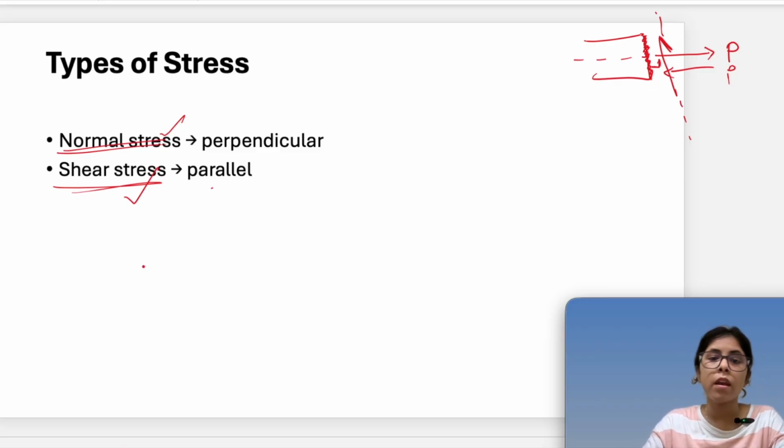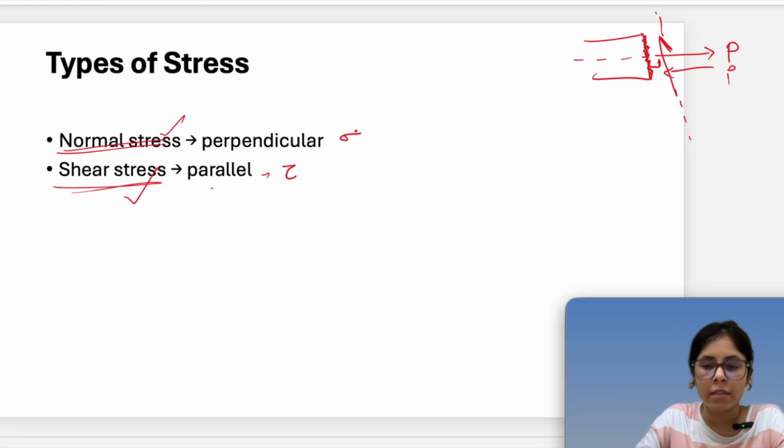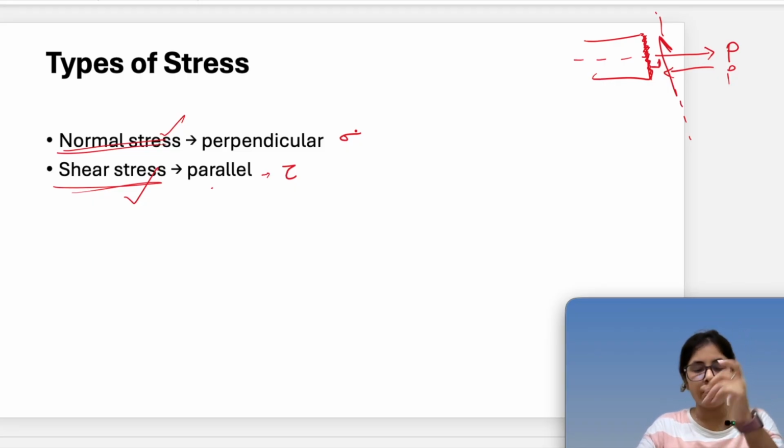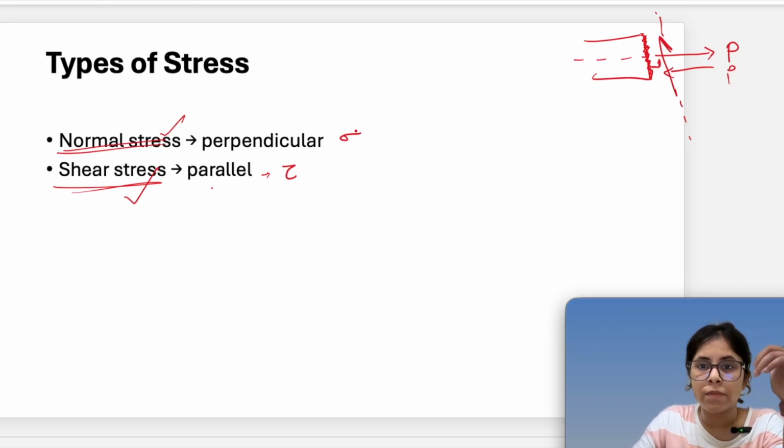Shear stress is denoted by tau, and normal stress is denoted by sigma. So we have stresses of two types, normal and shear. And now we understood internal and external forces. The forces applied on the body from the outside are external forces, and the forces generated as a reaction to maintain equilibrium are known as internal forces, right?